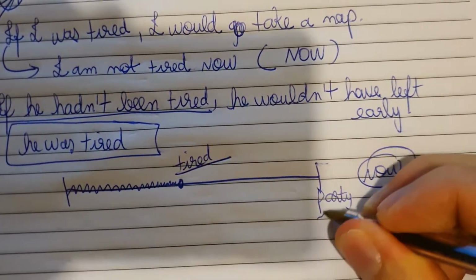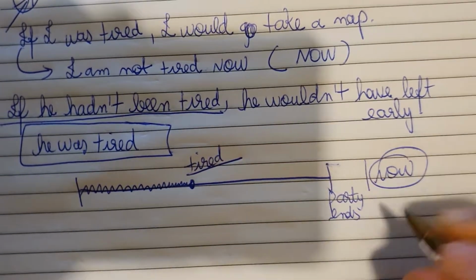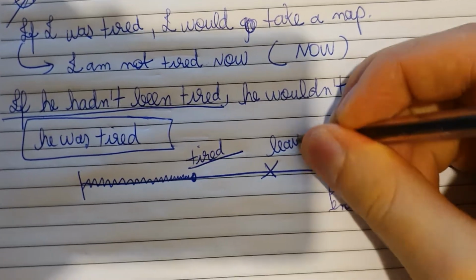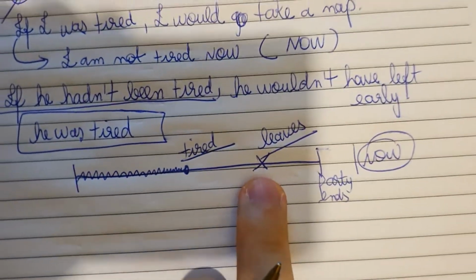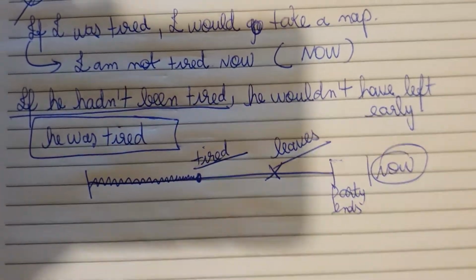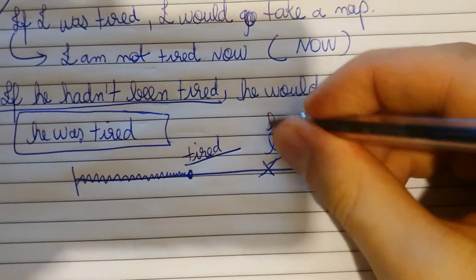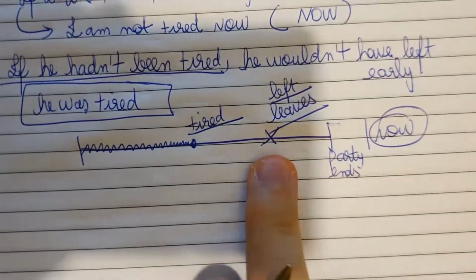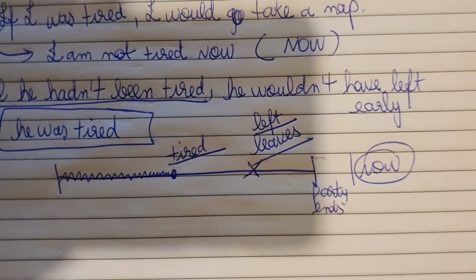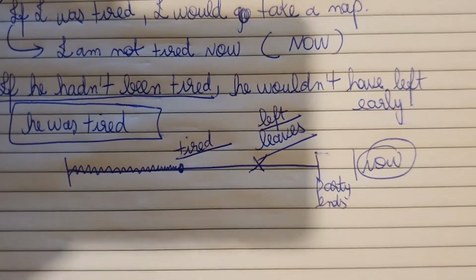The party ends here, not now, okay? The party ends here and he leaves at this time. So this whole situation takes place in the past, okay? He left the party earlier because the party ends and he had already left.